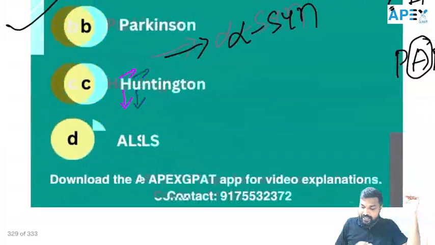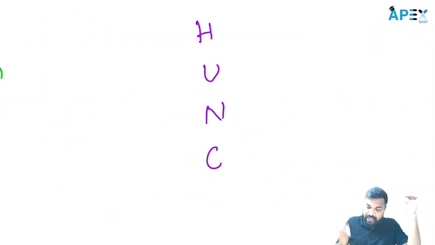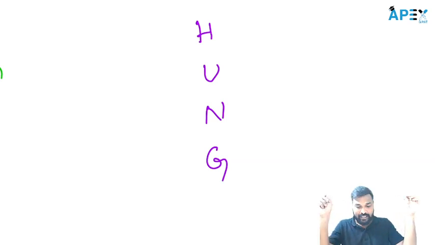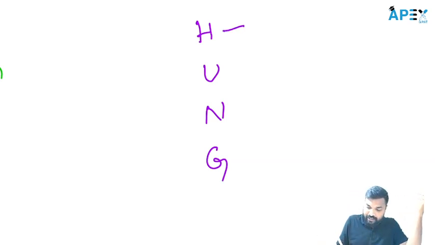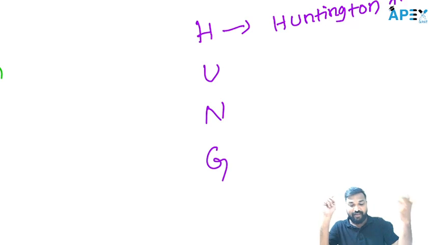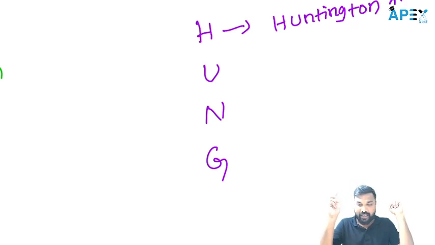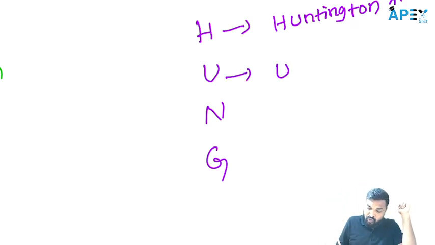For Huntington's, just remember the trick HUNG. H is the huntingtin protein. When the huntingtin protein is elevated, you get Huntington's disorder. U is the ubiquitin protein.